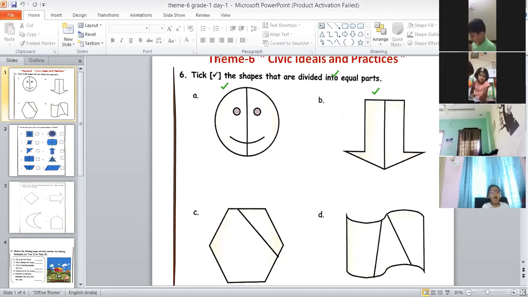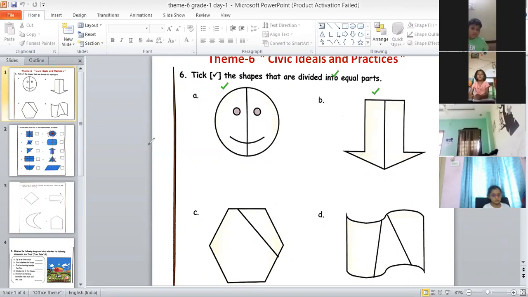Children, if you look at the third shape carefully, this line is not dividing this shape into equal parts because this portion, which I am shading now, is smaller than this yellow color portion. You can see that this yellow color portion is bigger than this red color portion. So this means that this line is not dividing the given shape into equal parts. So we will not put a tick on third shape.